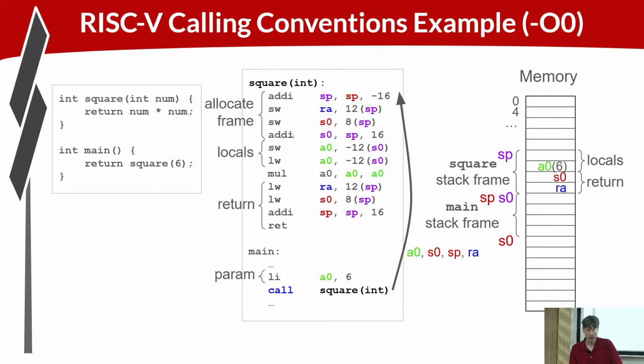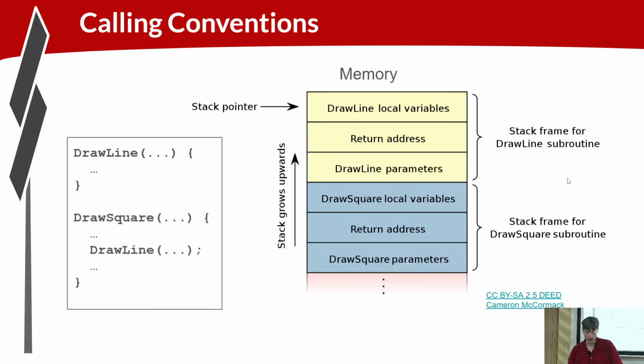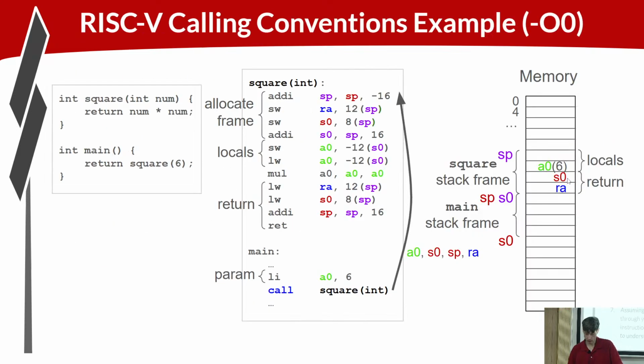So then we're storing the old S0, the main's S0, so that when we return, we can restore main's stack frame, right? So we're capturing that stack frame pointer. That wasn't actually illustrated here, but that's also needed to be able to restore the state when we return.